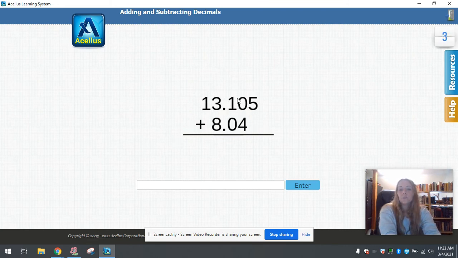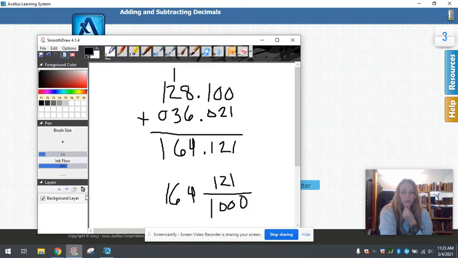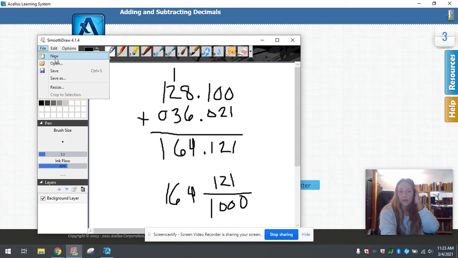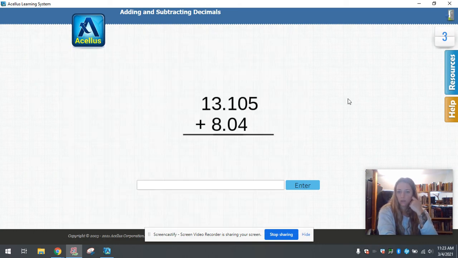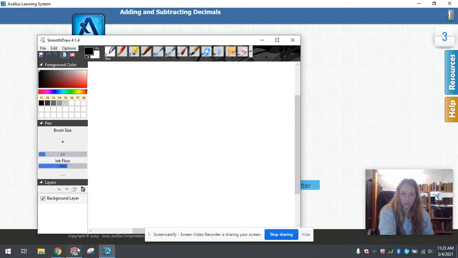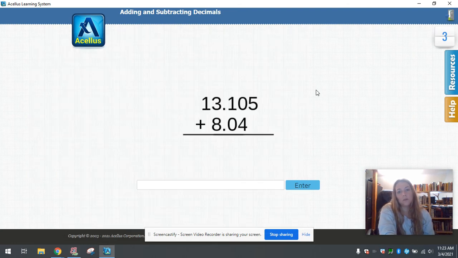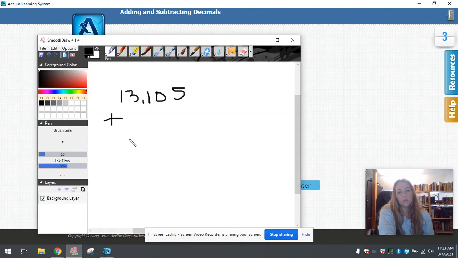Okay, 13.105 plus 8.04. Let's do this one by hand. Just doing this randomly. 13.105 plus 8.04. Line up the decimals.